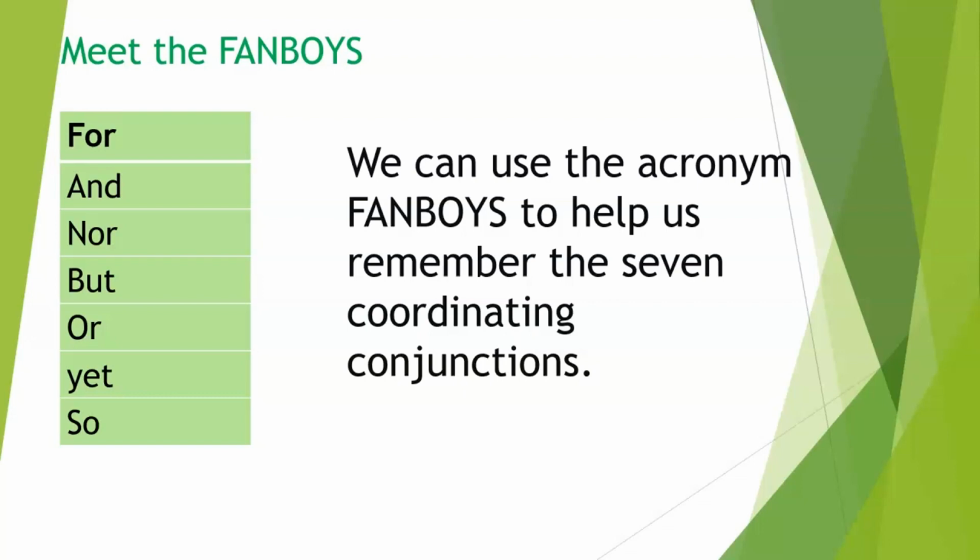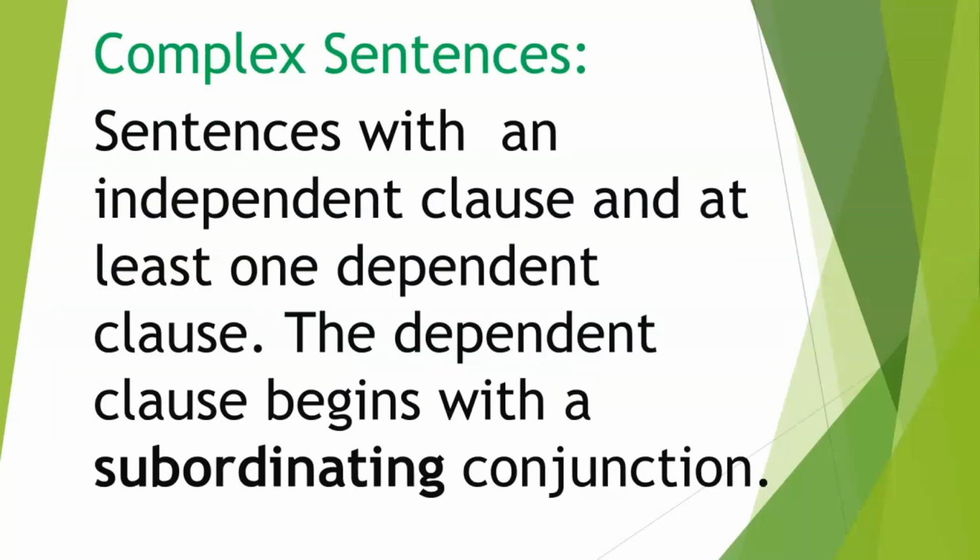Now, let's move along and let's talk about complex sentences. These are sentences with an independent clause and at least one dependent clause. Now, in this case, we are going to have an independent clause joined to a dependent clause.